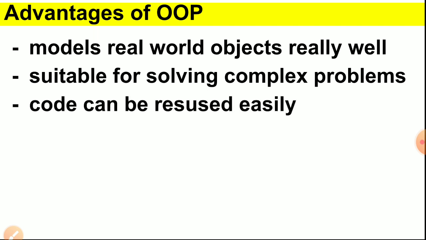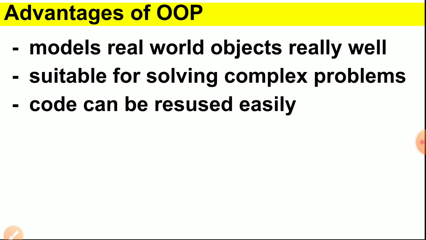Third advantage is that the code can be easily reused. Now try to understand here. In POP also there is reusability, and in OOP also there is reusability, but in POP reusability is very limited. Why?